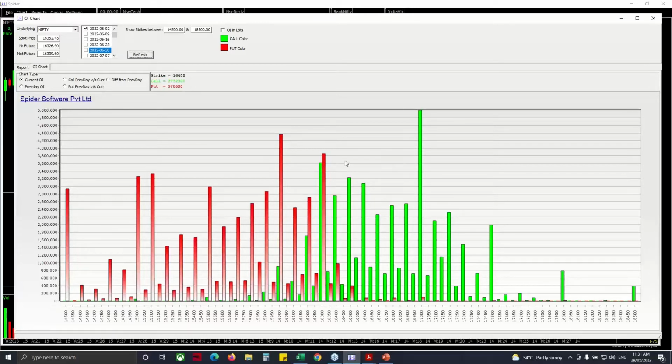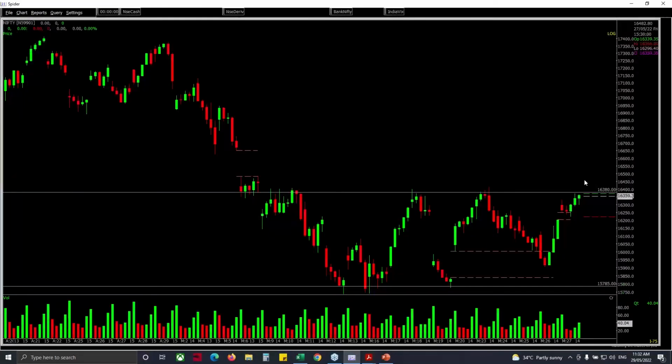We might go up to 16,500 in coming days, but always subject to confirmation from the chart. So initially, if someone wants to initiate a trade, then he might think in this manner.